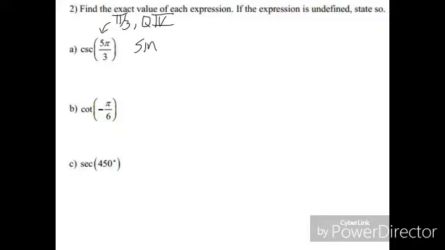Let's do it this way. Sine of 5 pi thirds is going to be, sine of pi thirds is square root of 3 over 2. But in quadrant 4, sine is negative.